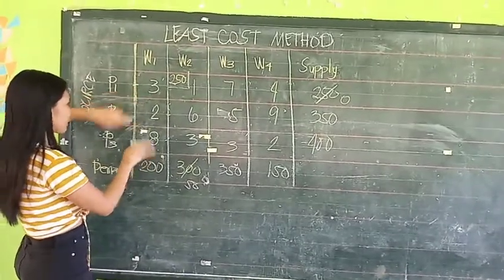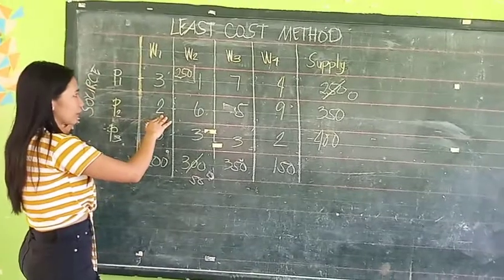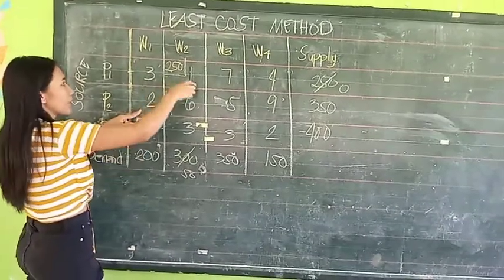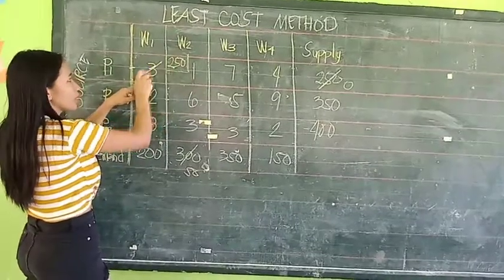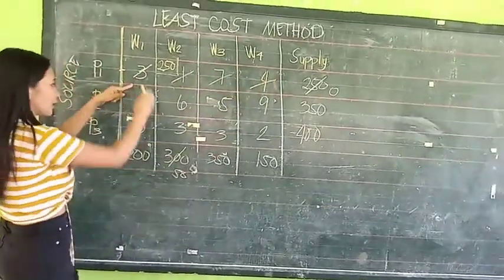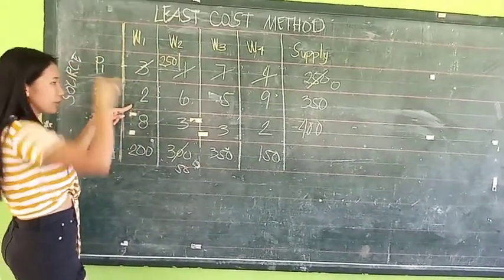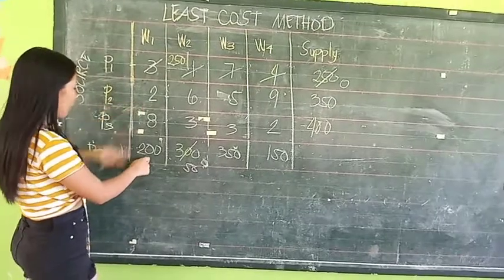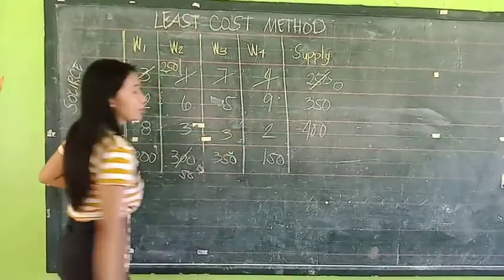In this second column, 2 is the least number, and since this part is satisfied, we need to cancel this area. And here 2 is the least number. The demand is 200 and our supply is 350.